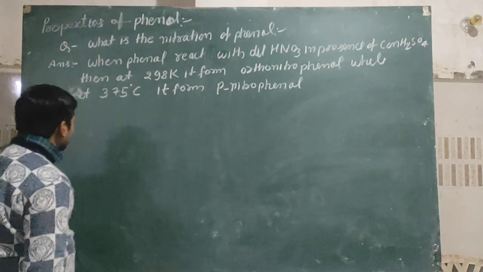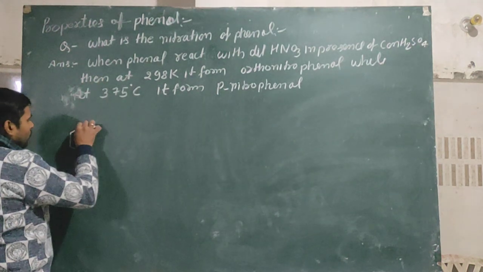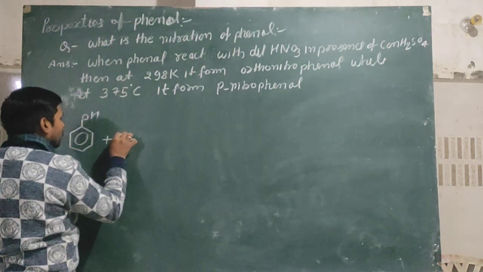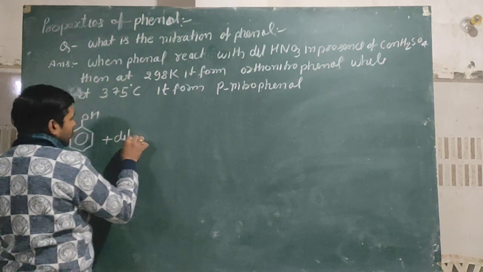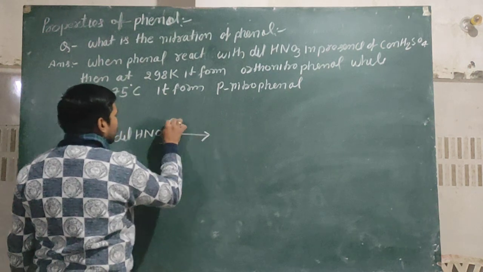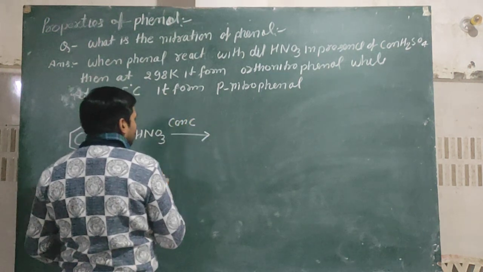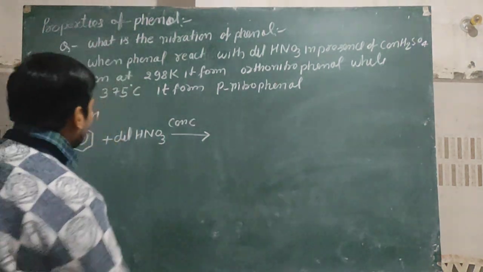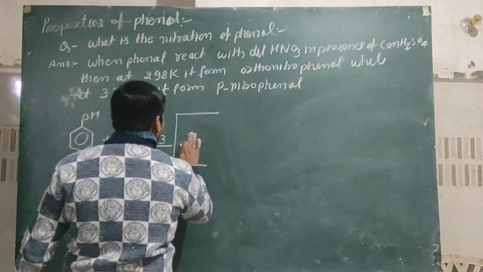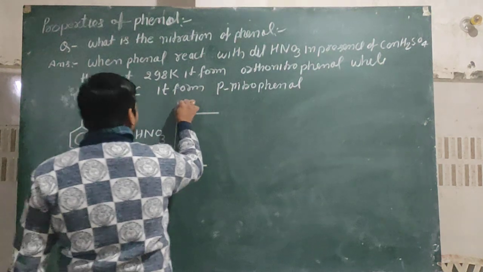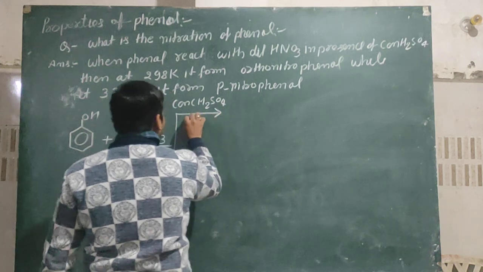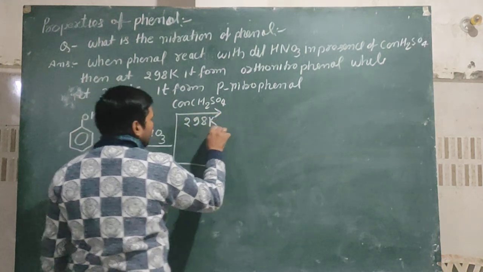Okay, you can see here the structure of phenol, and phenol reacts with dilute HNO3 in presence of conc H2SO4 at 298 Kelvin.